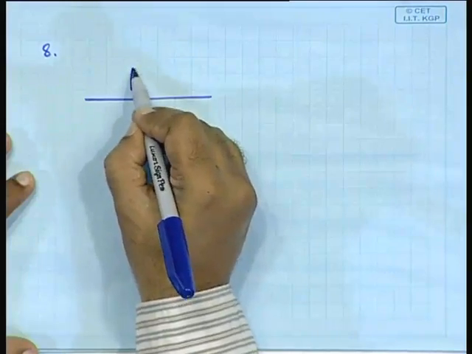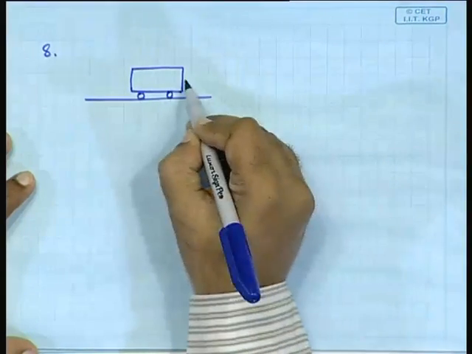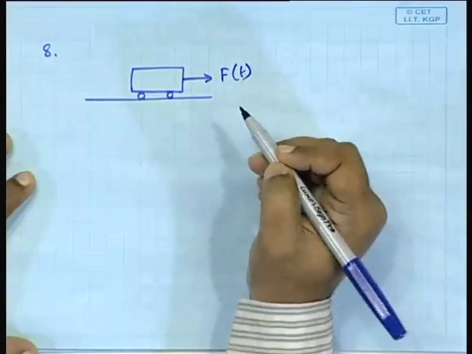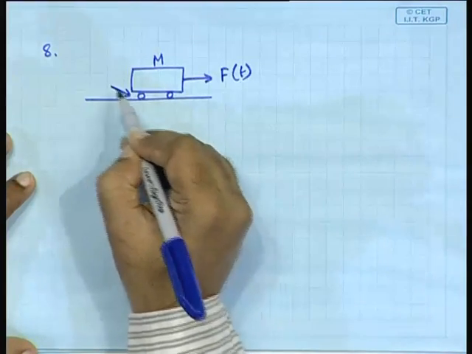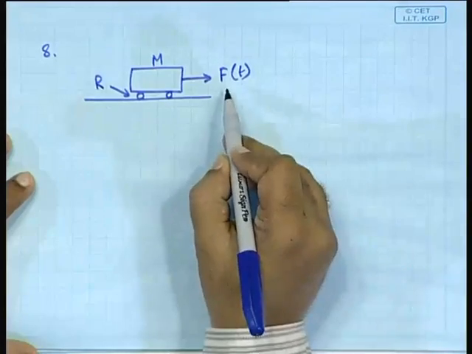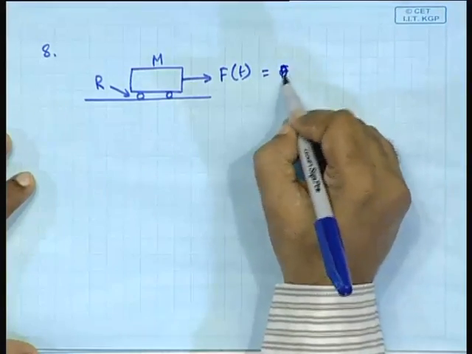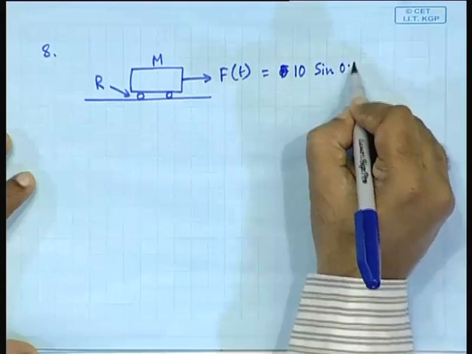Now, you have a cart which is being pulled with a force F. There is a mass m, and here is a friction R. The force is F, or I will write 10 sin 0.1 t.